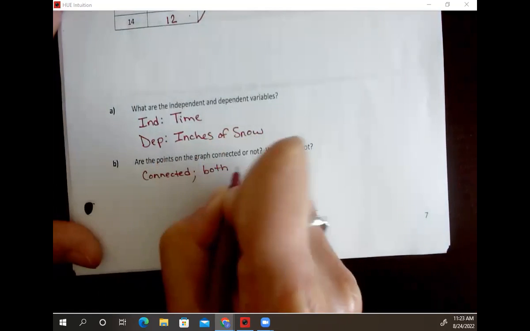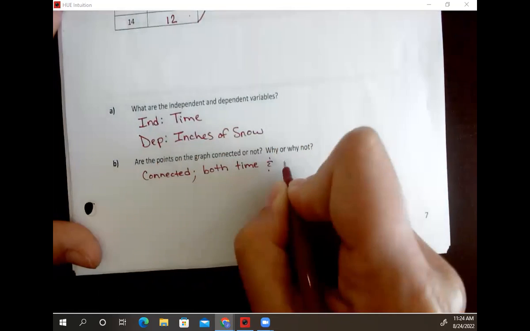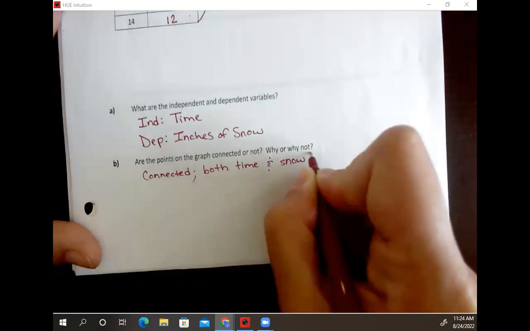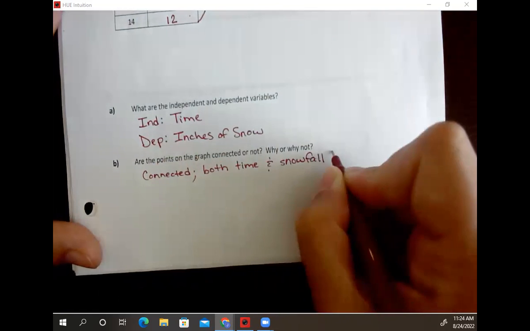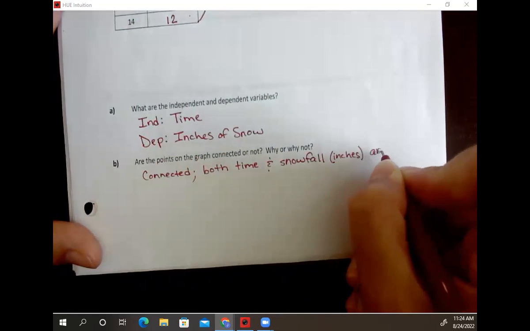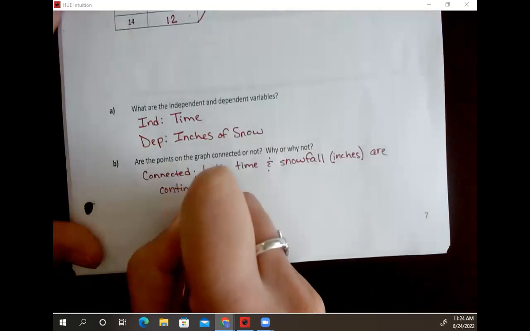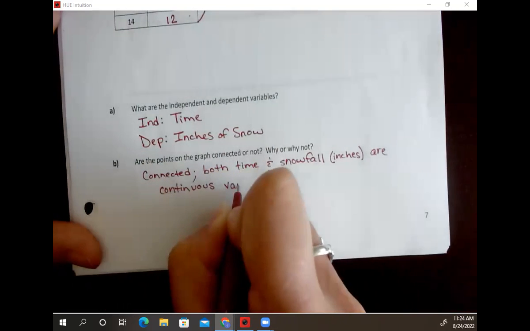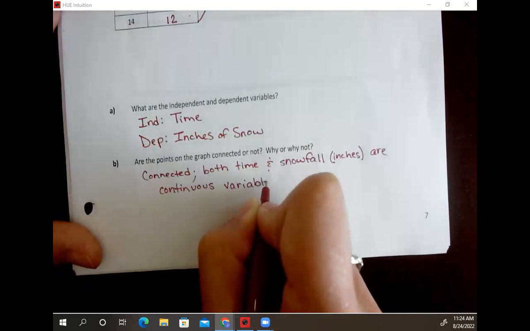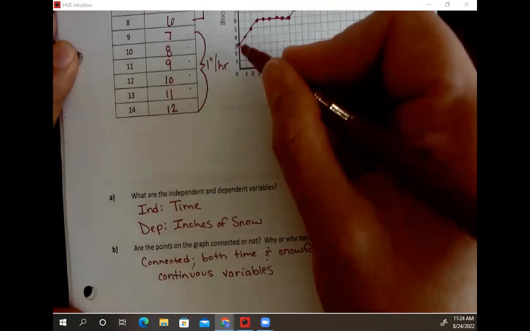Both time and, let's say, snowfall in inches are continuous variables. As we said yesterday, my snow is accumulating.